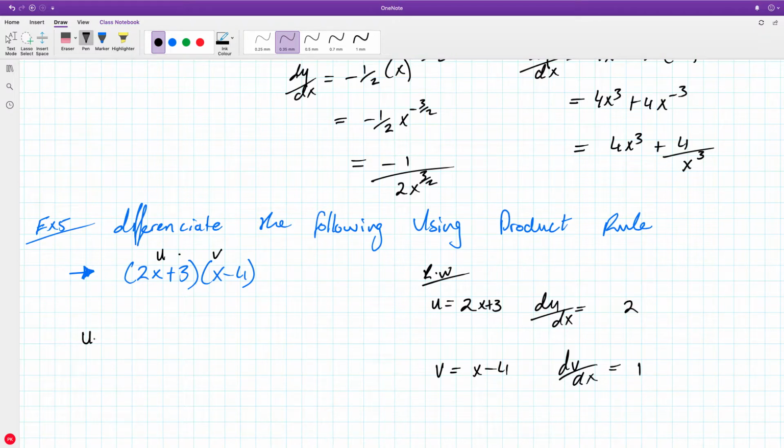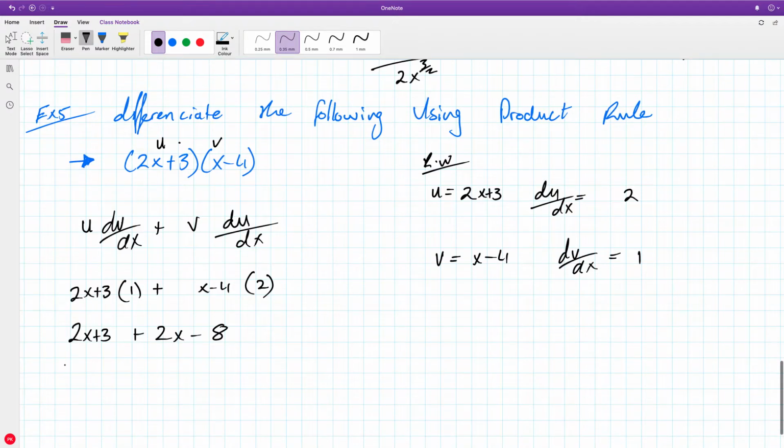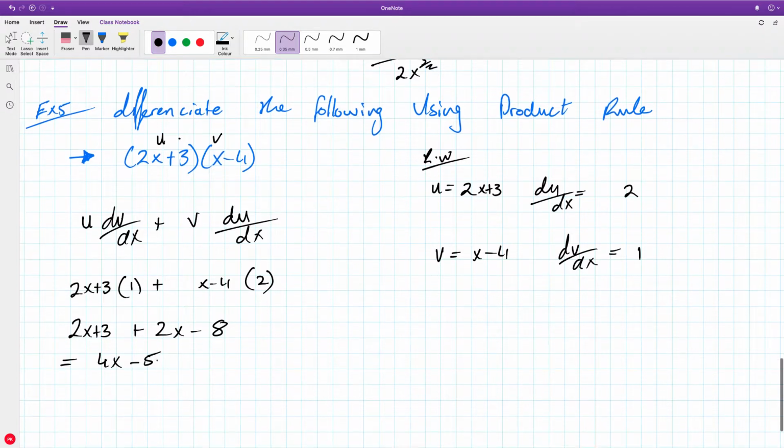So our formula is u dv dx plus v du dx. u is 2x plus 3 by dv dx, which is 1, plus v, which is x minus 4, by du dx, which is 2. 2x plus 3 plus 2x minus 8 is equal to 4x minus 5. You all happy with that?